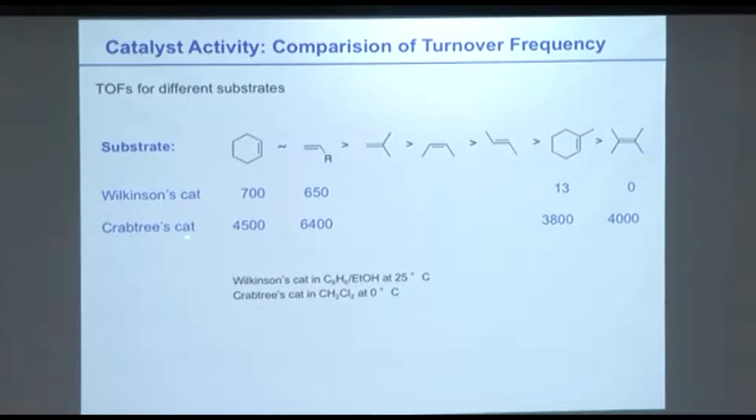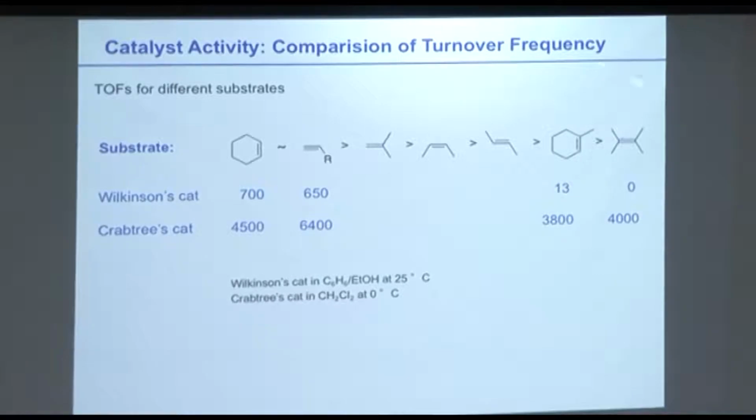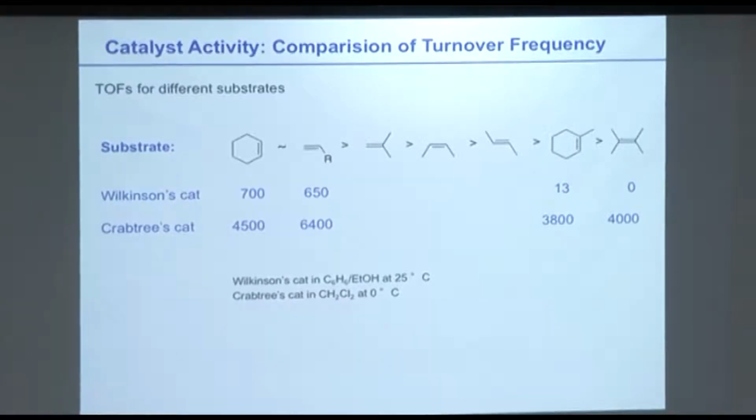In contrast, Crabtree's catalyst is way more tolerant and way more active towards a number of olefins, including sterically very hindered olefins. So that provides some selectivity with Wilkinson's catalyst, and with Crabtree's catalyst some scope of hydrogenating very hindered olefins as well, like in steroids and the likes. Very interesting for pharmaceutical applications.